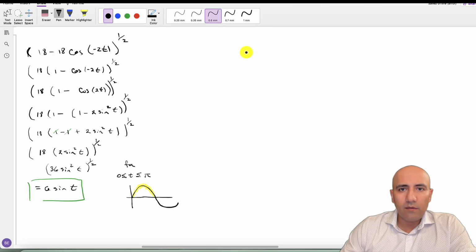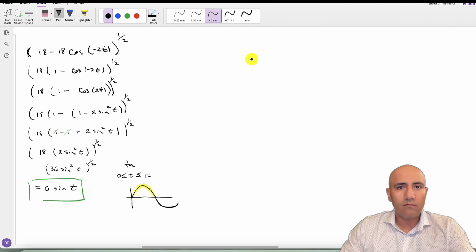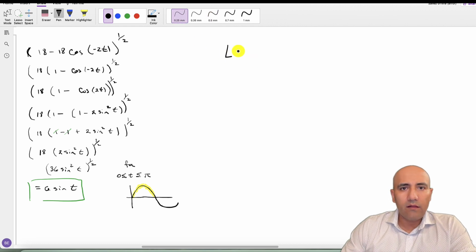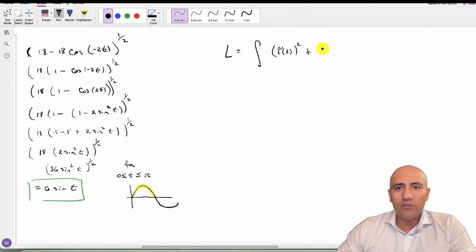Okay, so setting up our integral, we have that the length L is equal to the integral of the square root of f prime of t squared plus g prime of t, parentheses squared, all that in a giant root, dt.